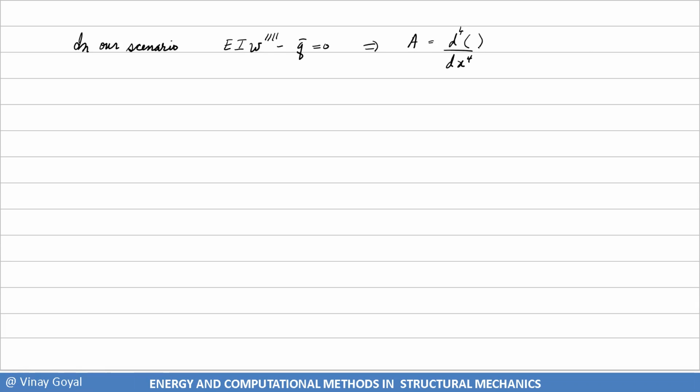And so how do we determine whether a system is self-adjoint? Let Z be an unknown function in the adjoint system.